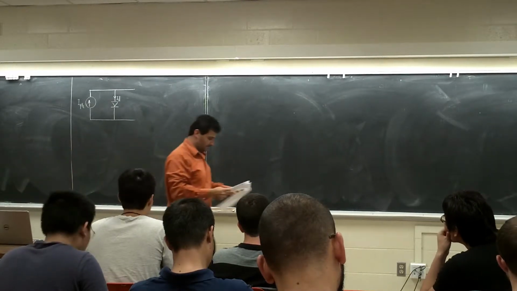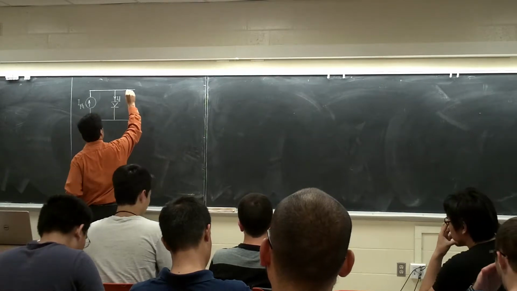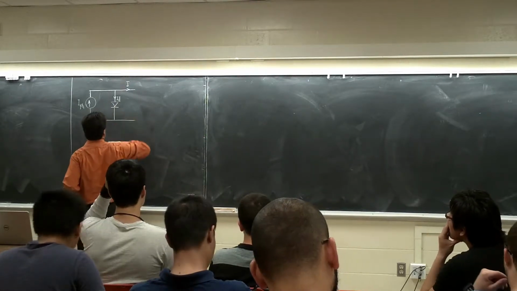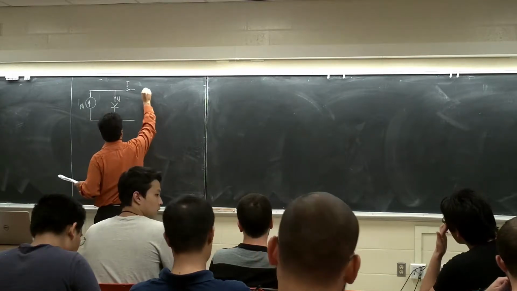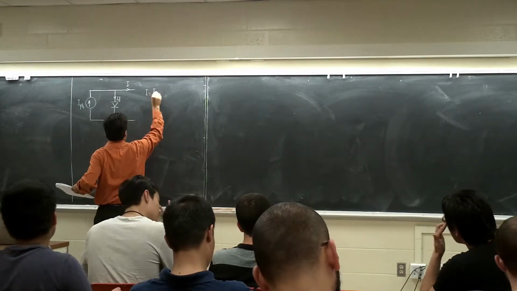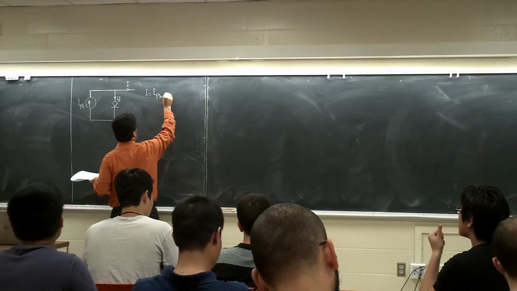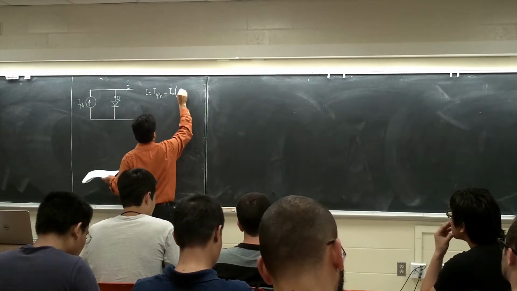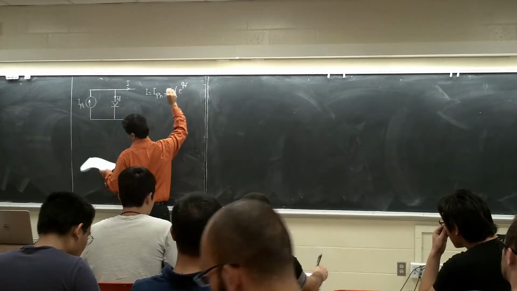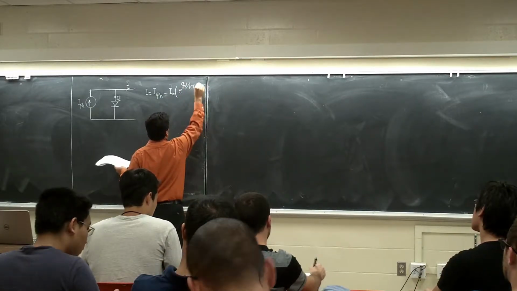The equation for I is this: I is equal to IPH minus I0 times e to the power qV over kT, minus 1.